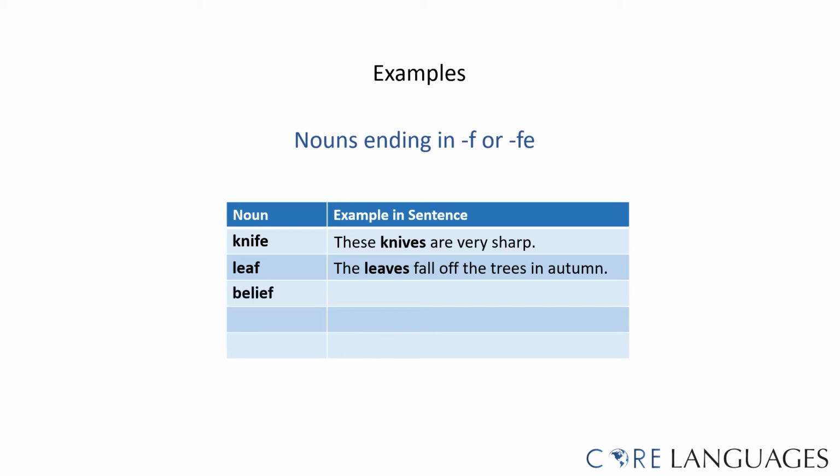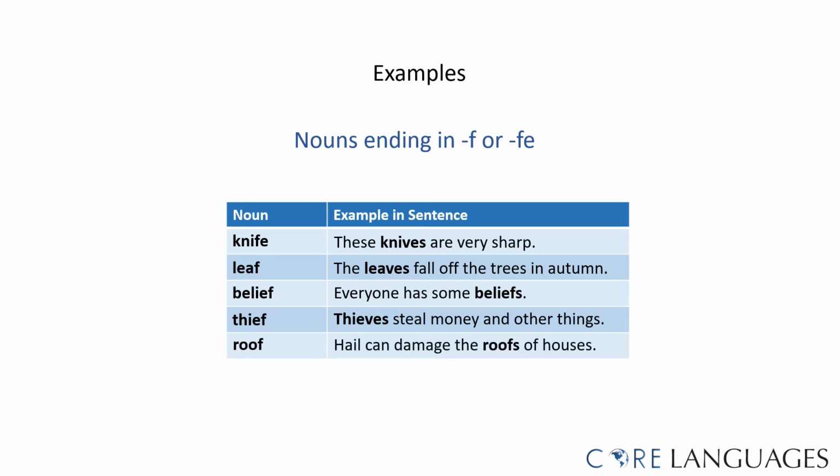Belief. Everyone has some beliefs. Thief. Thieves steal money and other things. Roof. Hail can damage the roofs of houses.